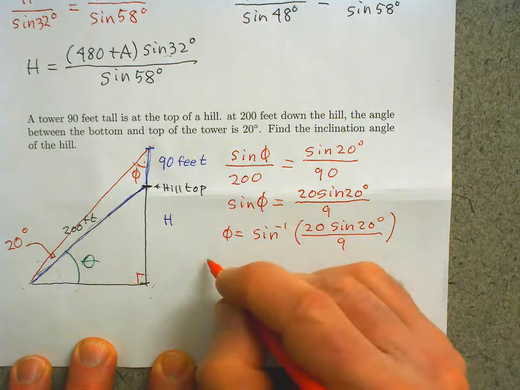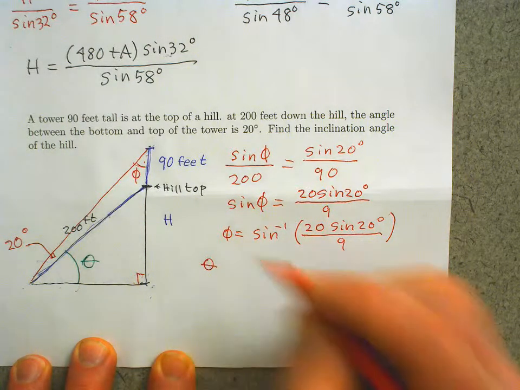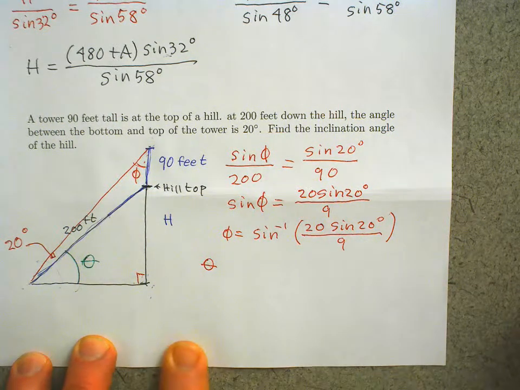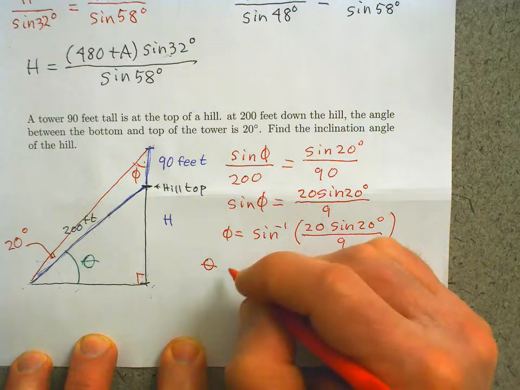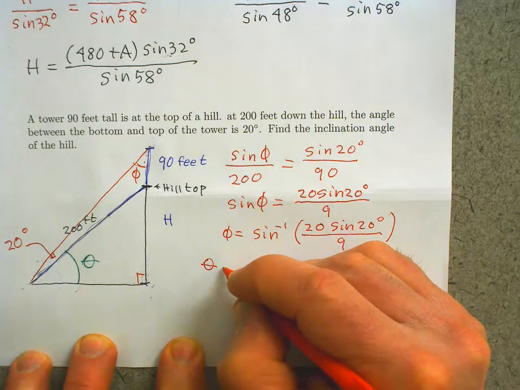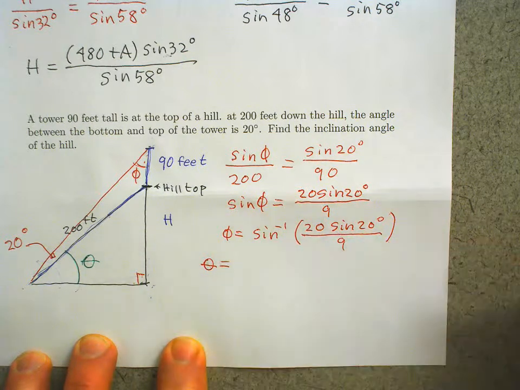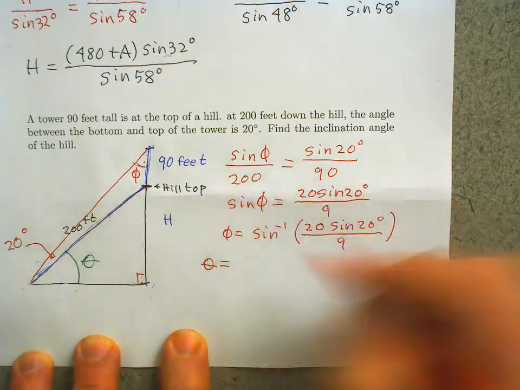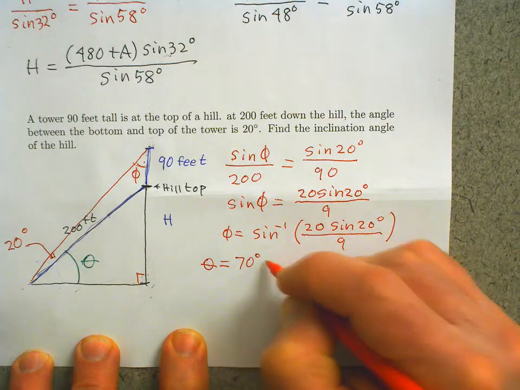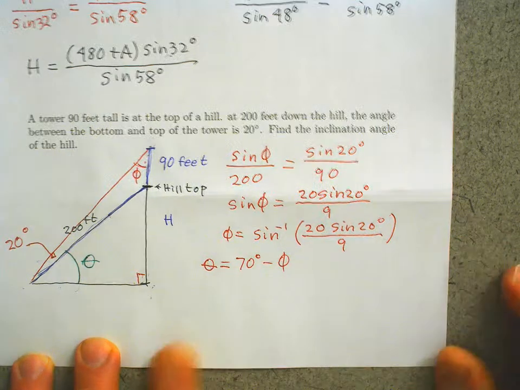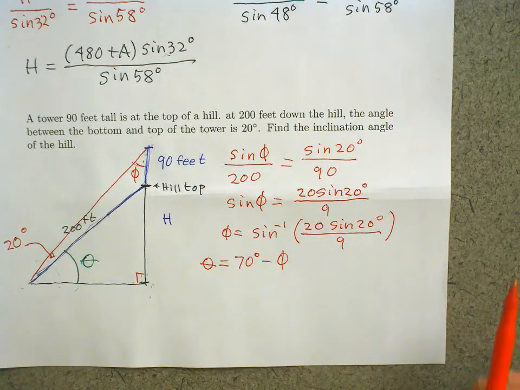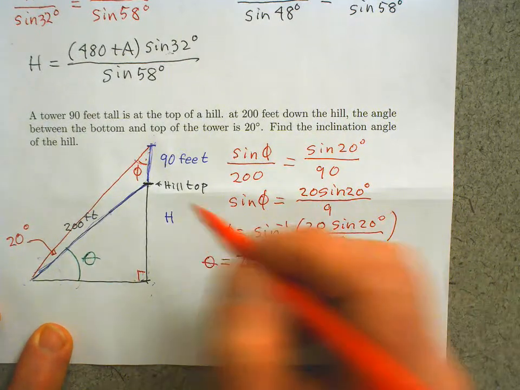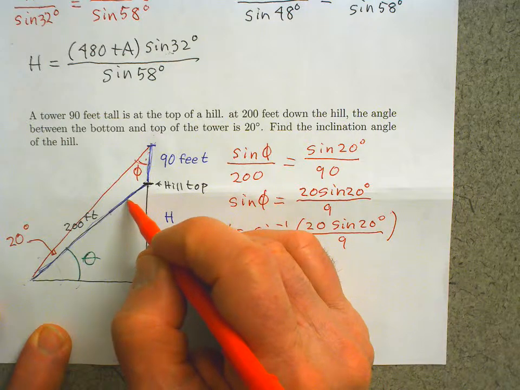And we know that theta plus 20 plus phi is 90. So that means theta is equal to 90 minus 20 minus phi, or 70 degrees minus phi. That would enable us to find this quantity.